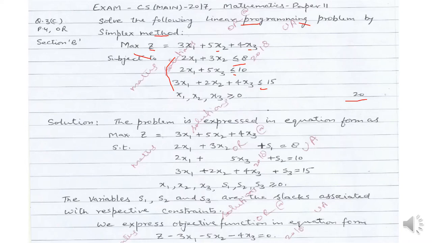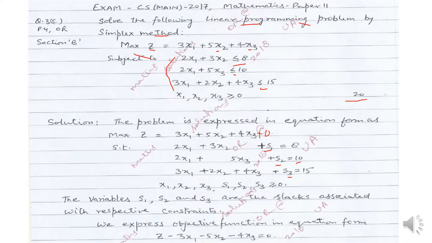Maximize z is equal to 3x1 plus 5x2 plus 4x3, and the first constraint is 2x1 plus 3x2 plus s1, where s1 is the slack variable, is equal to 8. 2x1 plus 5x3 plus s2, the second slack variable, is equal to 10. The third constraint is 3x1 plus 2x2 plus 4x3 plus s3 is equal to 15. x1, x2, x3, s1, s2, s3 are greater than or equal to 0.